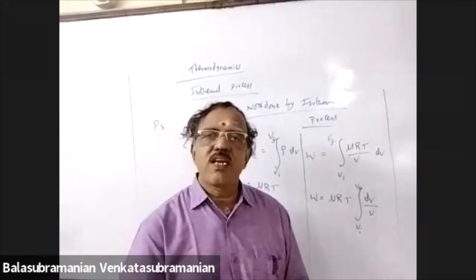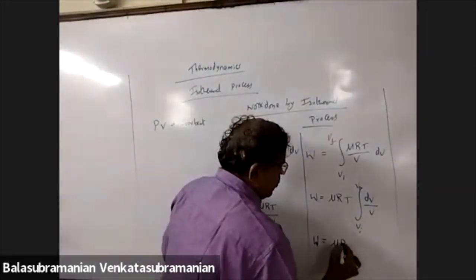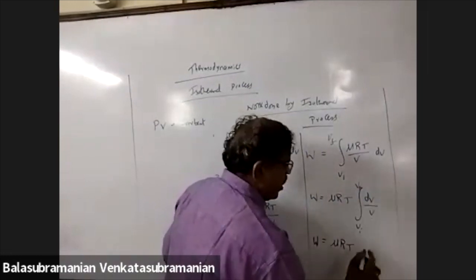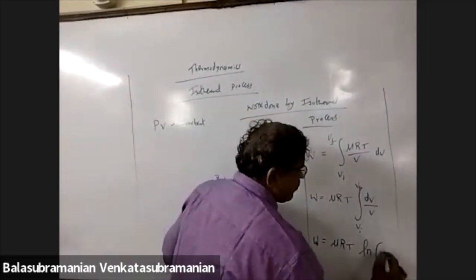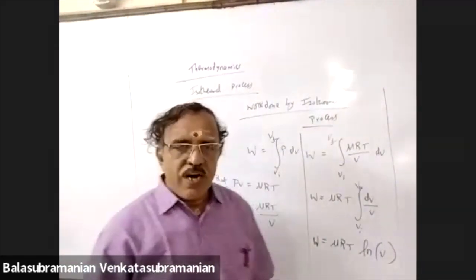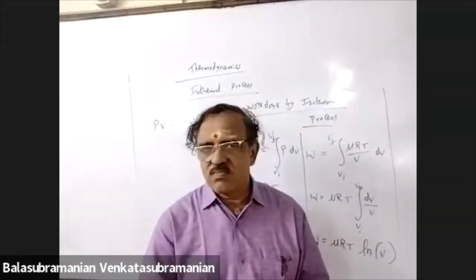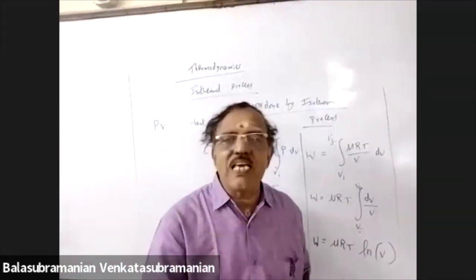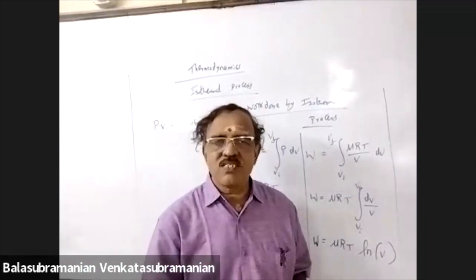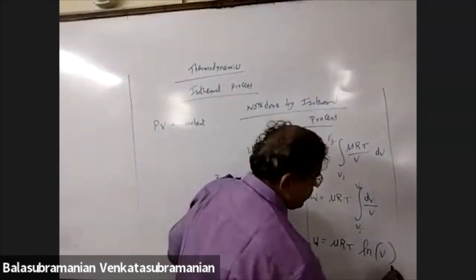From that we are telling W is equal to mu RT ln V. Ln means natural log. What you are seeing in the logbook is log to the base 10. This is log to the base e, otherwise known as natural logarithm. Limits Vi.